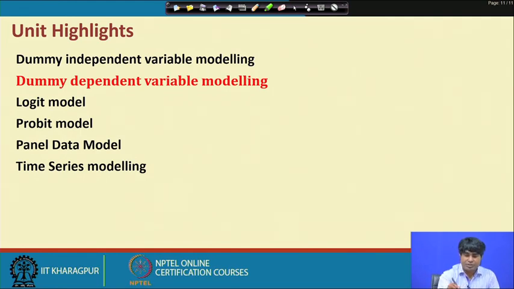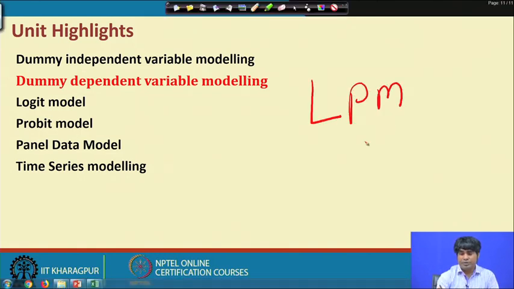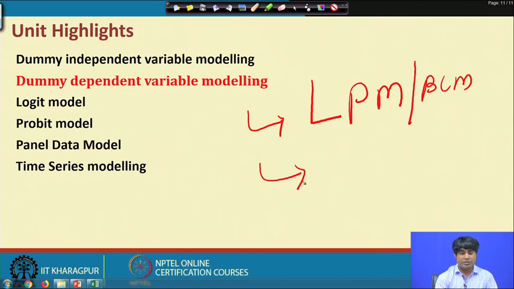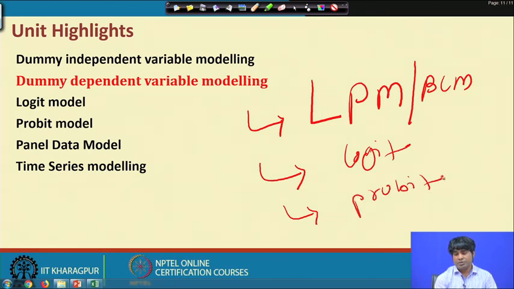The first one is the linear probability model, otherwise called a binary choice model. The second one is the Logistic model, the third one is the probit model, right. So, we have three types of models: linear probability models, Logistic models and probit models.